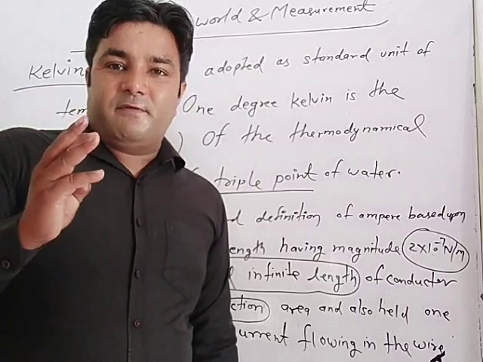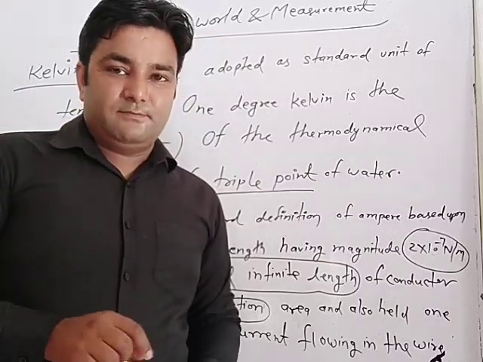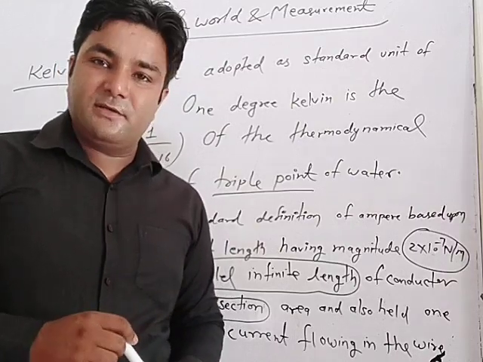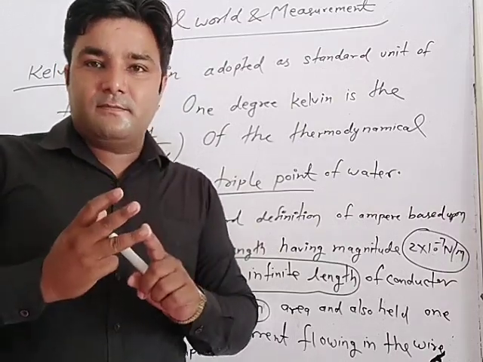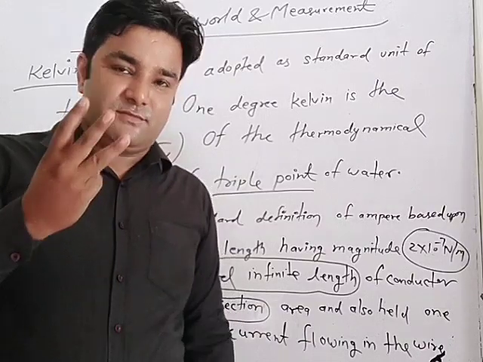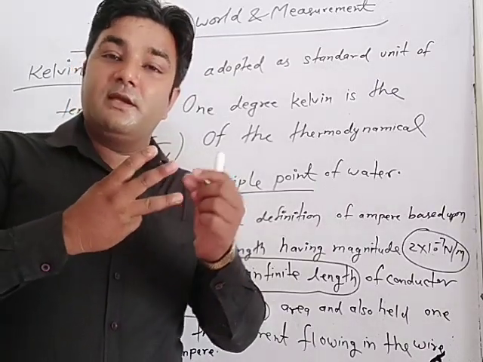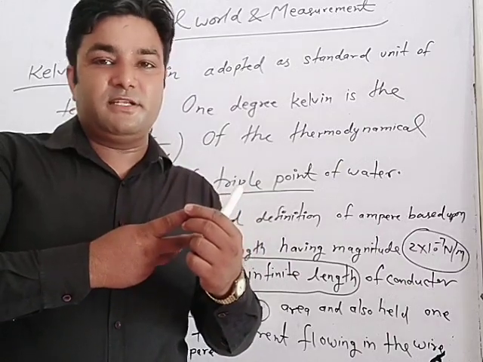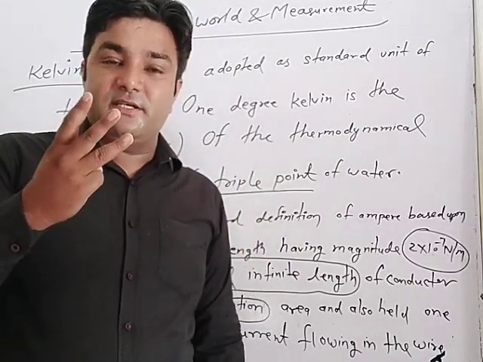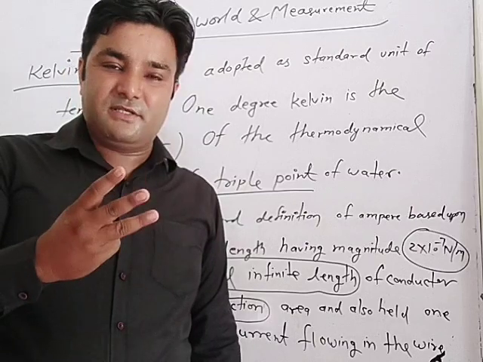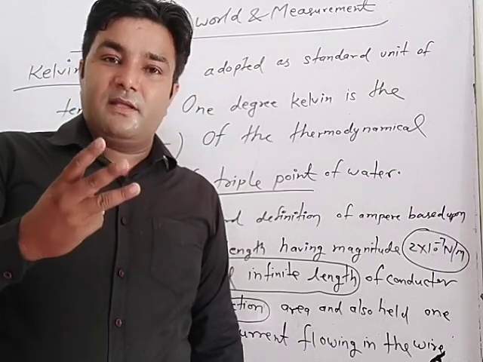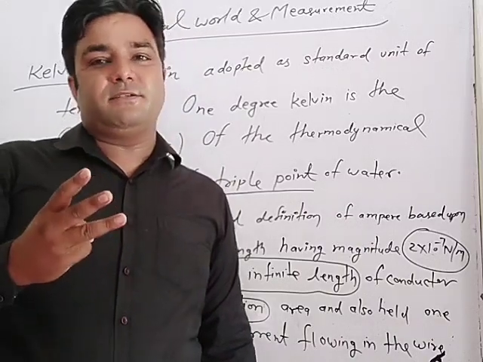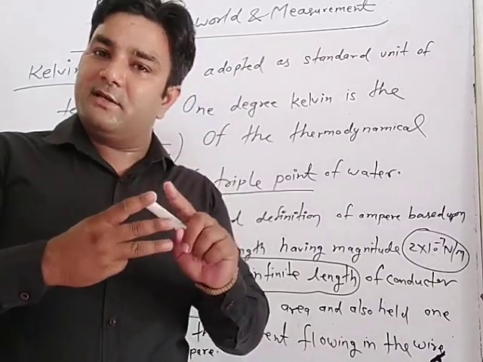A special value of temperature and pressure at which water exists in all three forms, that is in liquid form, in solid form and gaseous form. Listen again. Triple point is a special value of temperature and pressure at which the water exists in all three phases, solid, liquid and gaseous.